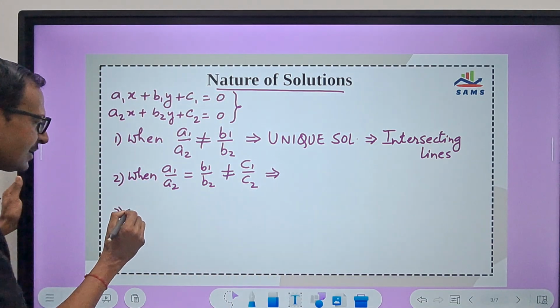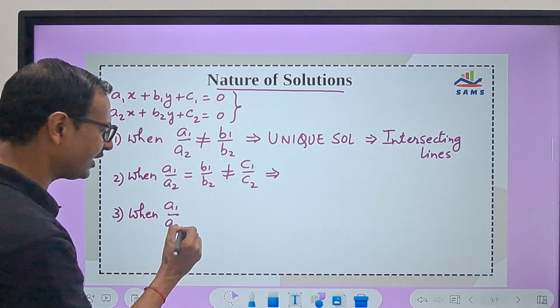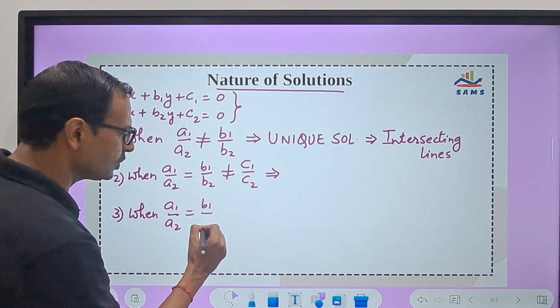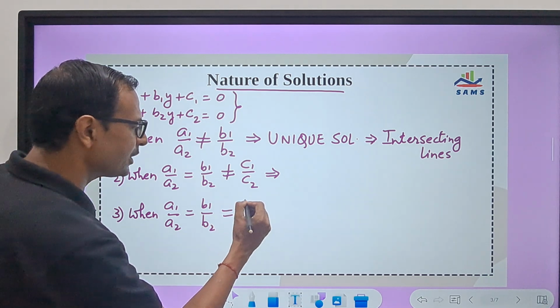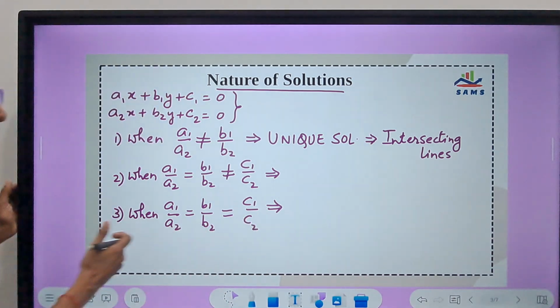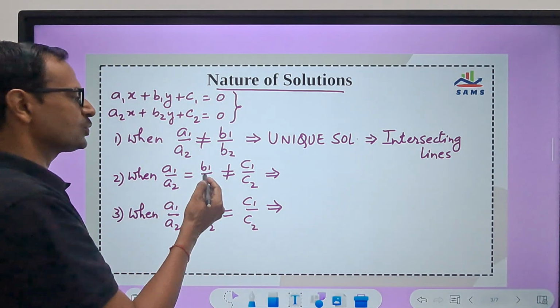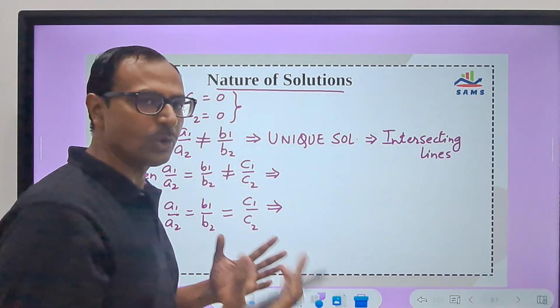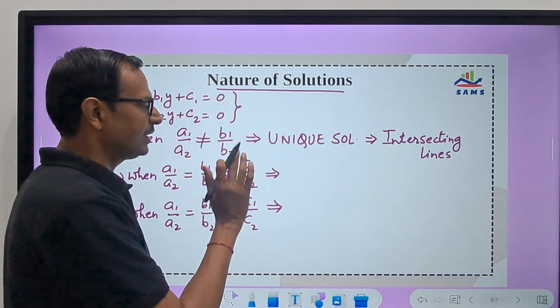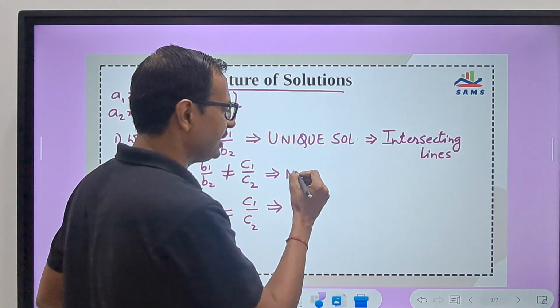So whenever the first two ratios are equal but the third one is not equal, it means that the two equations will not have any solution.